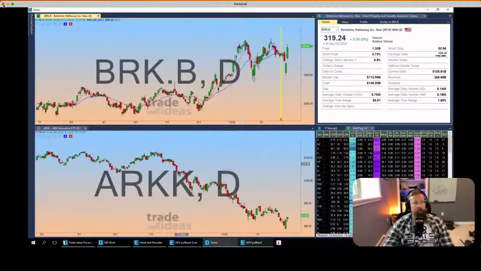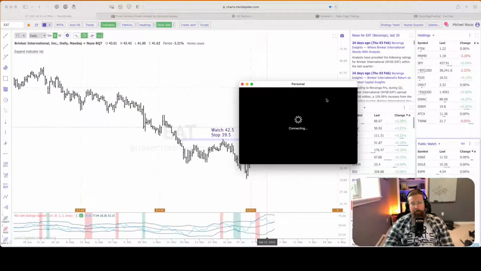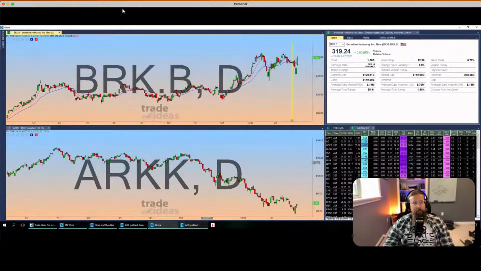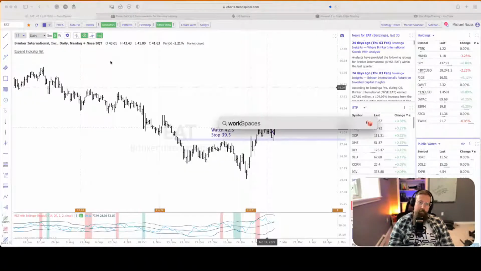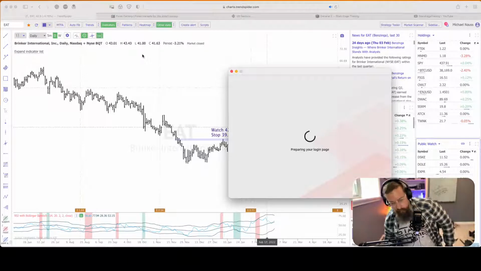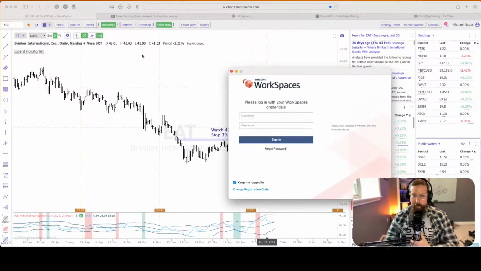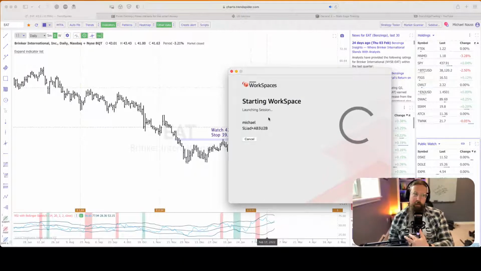I don't know why that's not expanding like that. Let me try this again. I use a virtual machine for this just to have it. You're going to be difficult, are you? Let's do it this way. It's not a virtual machine, it's a virtual private server. And the reason I do that is, again, I run some automated trading for day trading and swing trading, and all of that is managed within Trade Ideas.